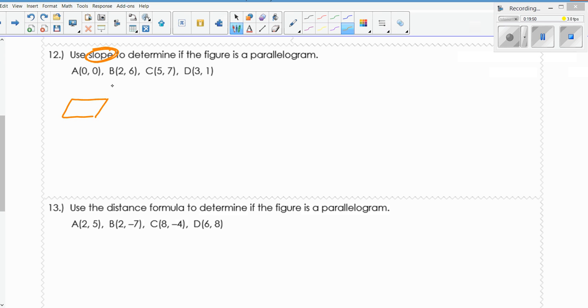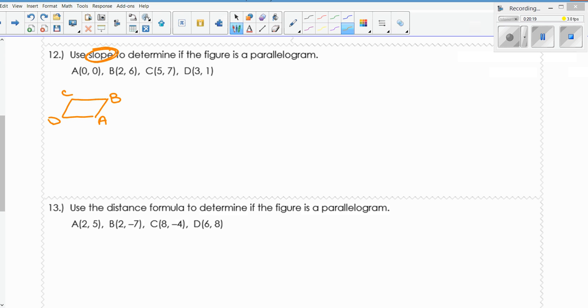If I'm told A, B, C, D in that order, I'm going to say A, B, C, D. The letters don't matter where you put them, as long as wherever you start, you go in a circular manner, meaning I could call that my figure, or I could rotate them and I could say A, B, C, D. Okay? It does not matter which way you name them. I'm going to leave it like that. Okay?